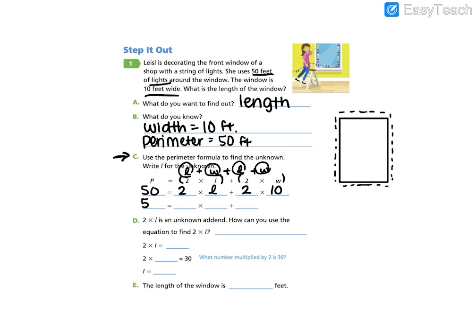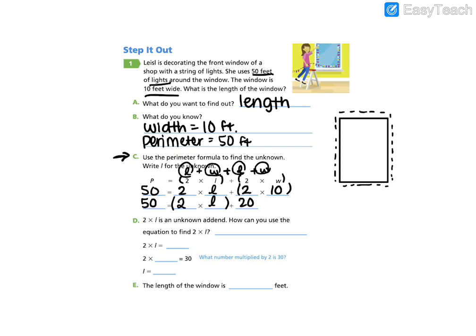The perimeter will stay 50. We'll still have 2 times length here. But now we're going to add our 2 times 10, which is 20. So 2 times L is what's called an unknown addend. We don't know what 2 times L is.